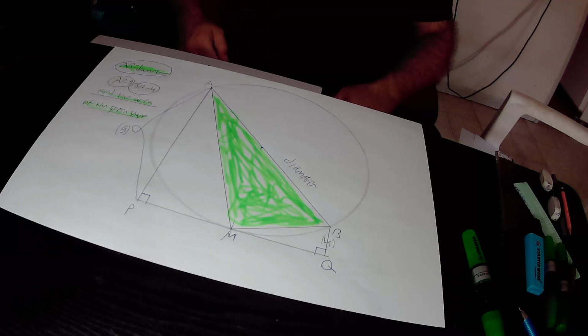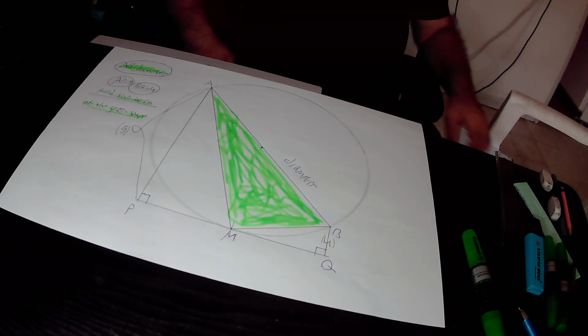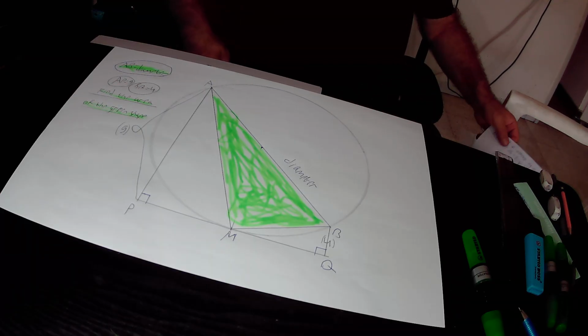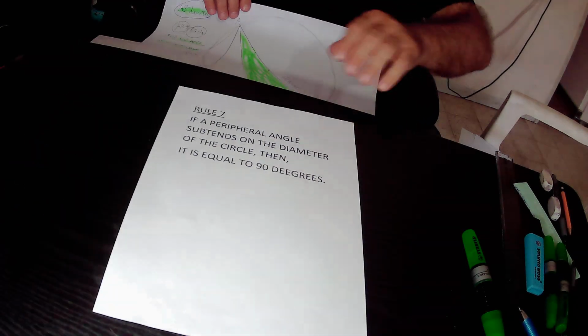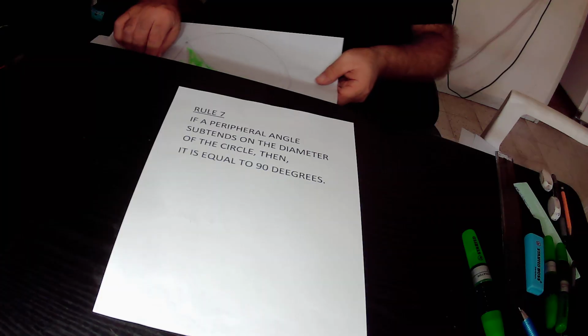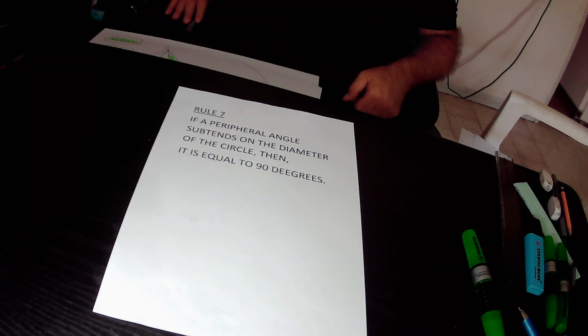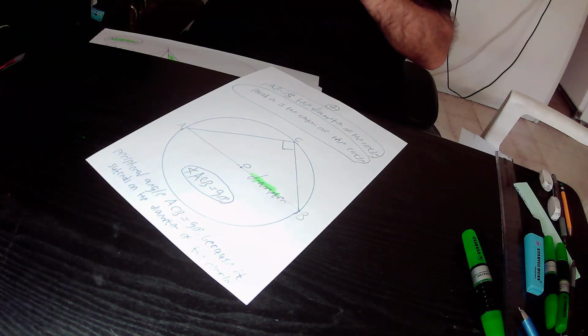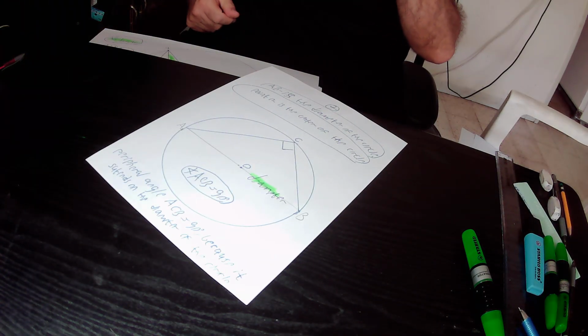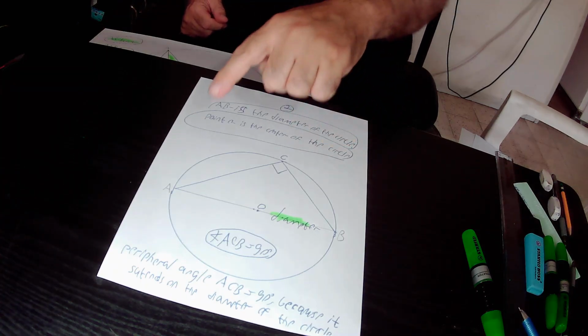So first of all, we can implement rule 7 in our drawing. According to rule 7, if an angle subtends the diameter of the circle, then it is equal to 90 degrees. In the drawing we have a circle.